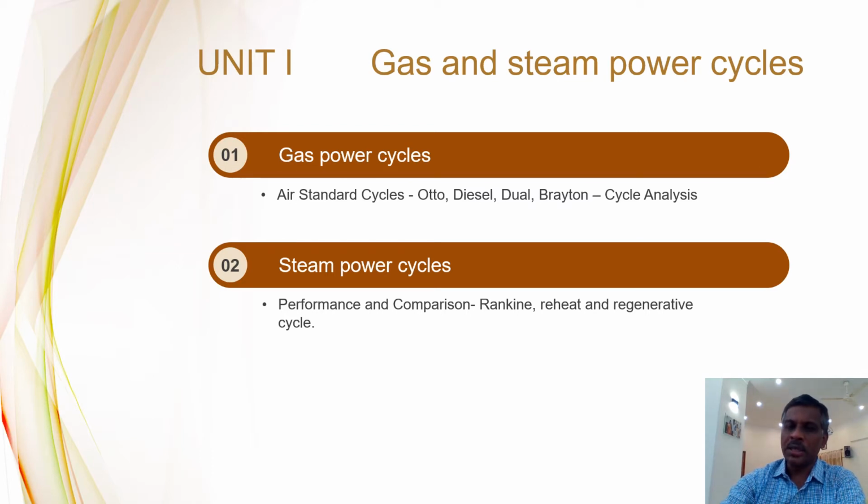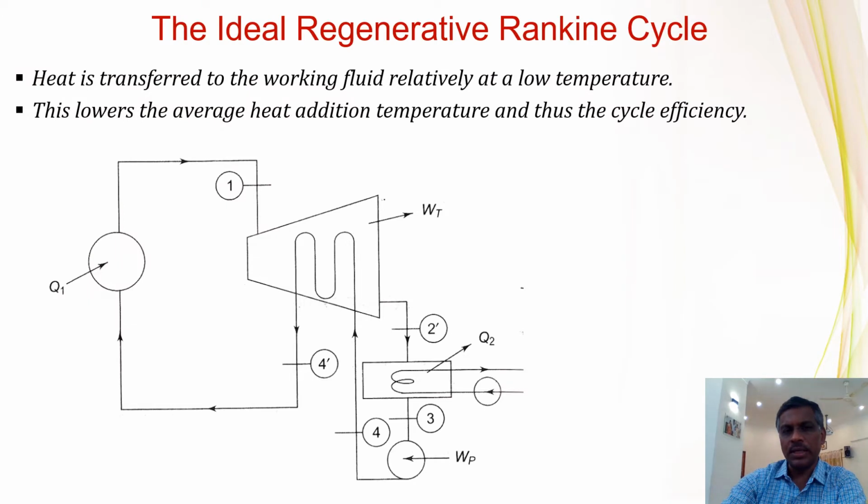And for improvement in Rankine, one way is to reheat it, and the second way is to regenerate the steam or the feed water before it goes to the boiler. It is heated again, regenerated, the heat is regenerated. So that is the concept here. So we will see about that.